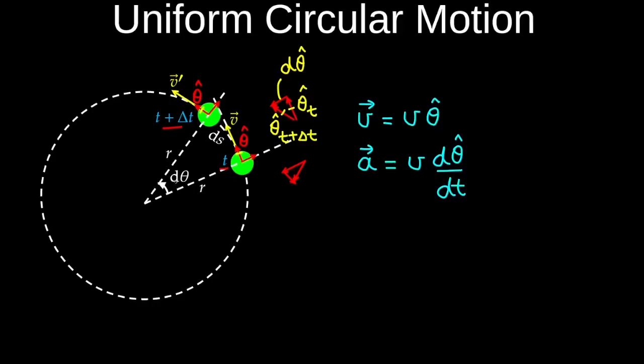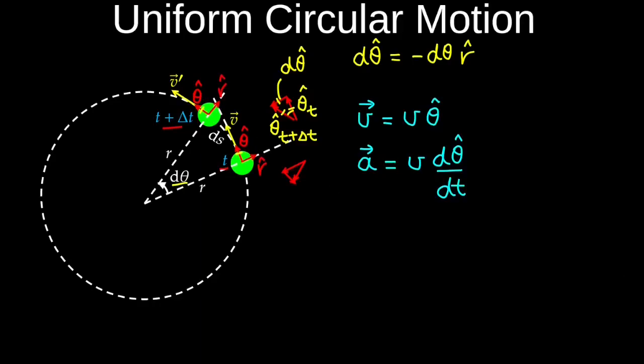And this angle d theta is equal to the angle between those vectors. So if we're using the arc length formula, we obtain the following relationship, and this vector is in the negative radial direction, where we have the radial direction vectors at time t and time t plus delta t.